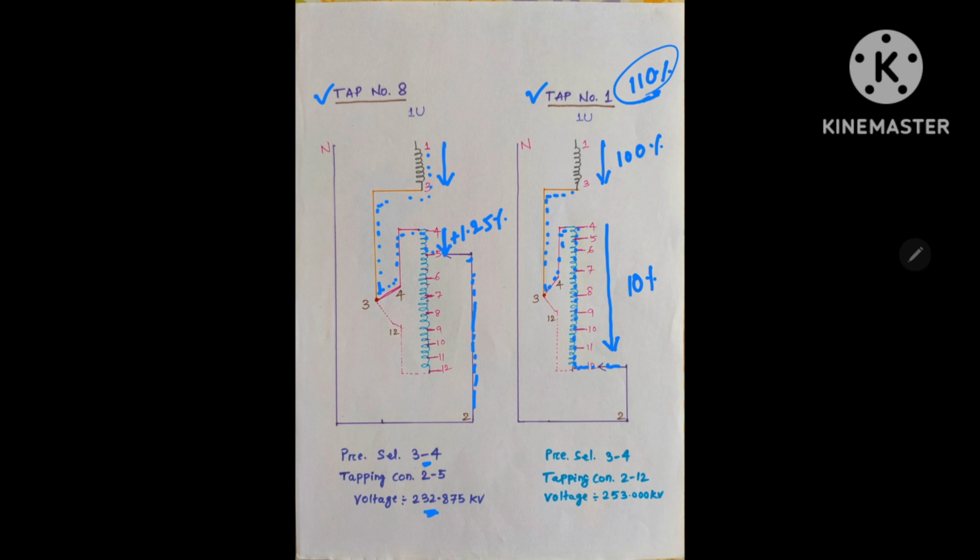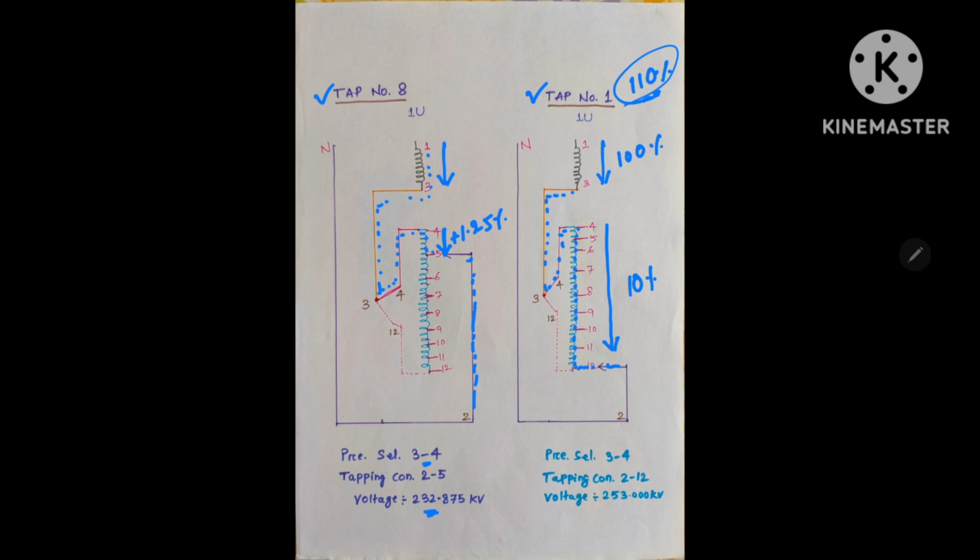So resultant will be 110%. In between 8, then actually 7, 6, 5, 4, 3 will come. So each step 1.25% will be added. So this is tap number 8 and tap number 1.